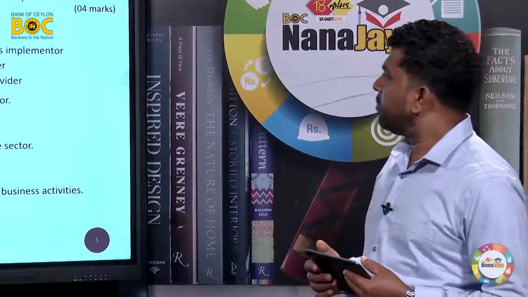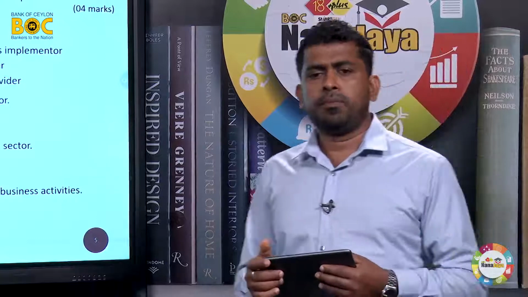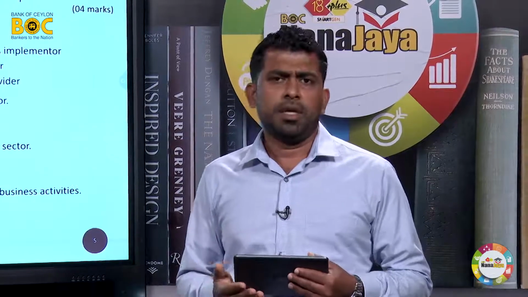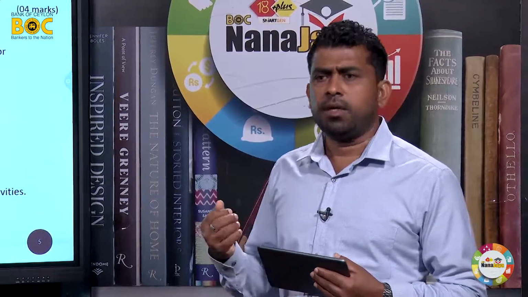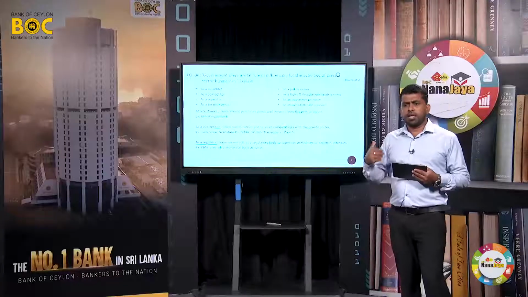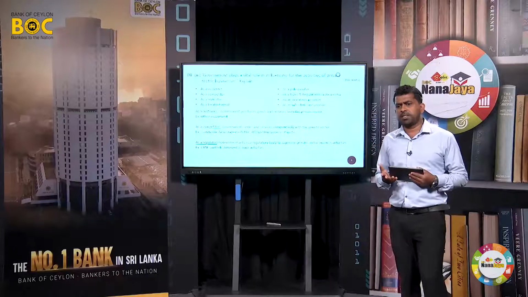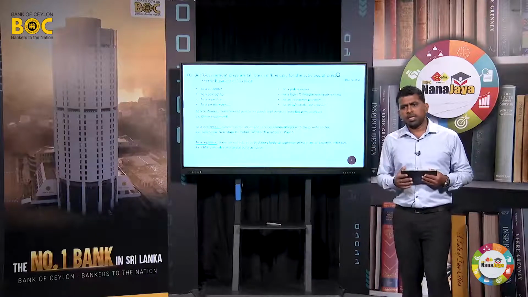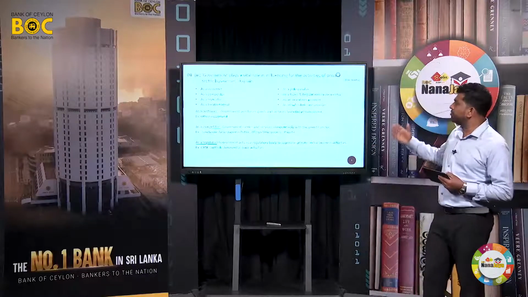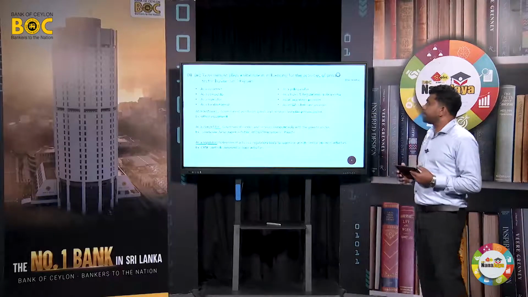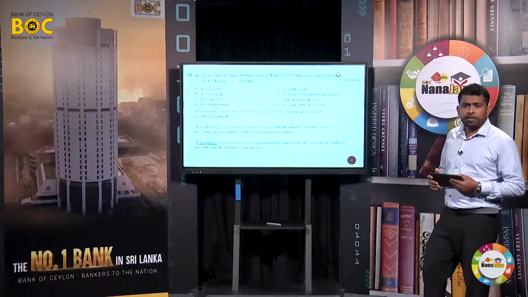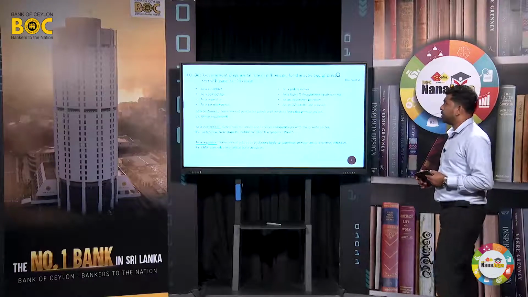As an infrastructure provider, government provides different types of services like electricity, transportation, sanitary facilities, telecommunication, harbour facilities, for the smooth run of business activities. So these are the different ways a government influences private sector business activities by playing different roles.